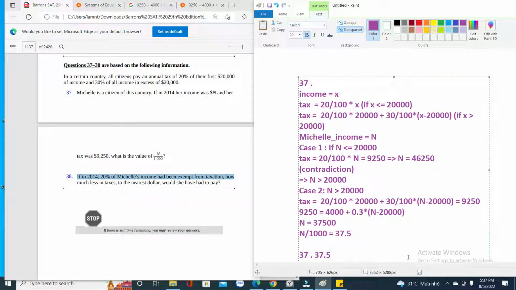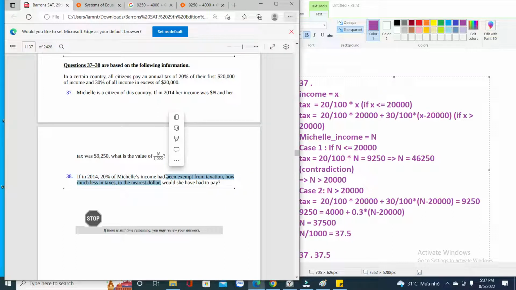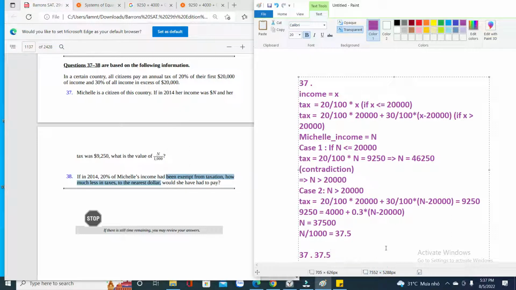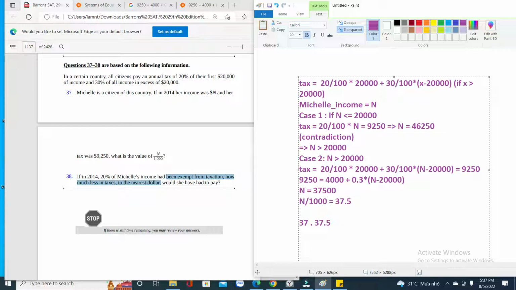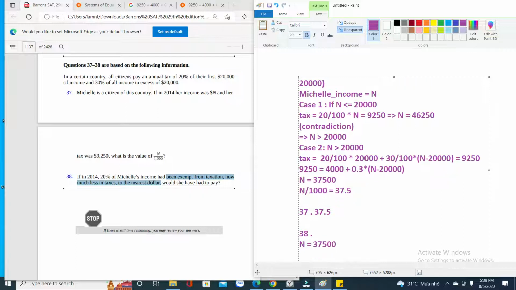So we know that the original n is 37,500, and 20% was exempt.